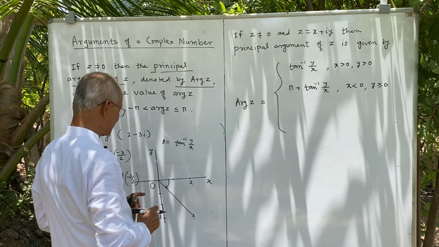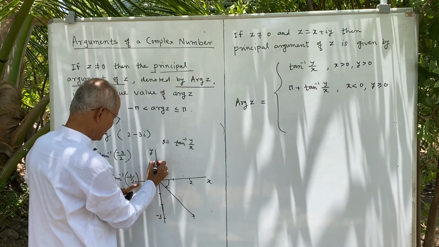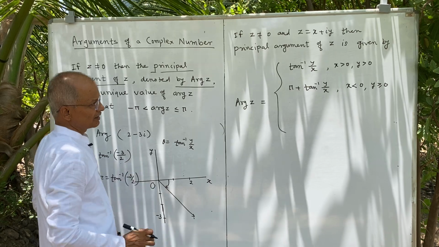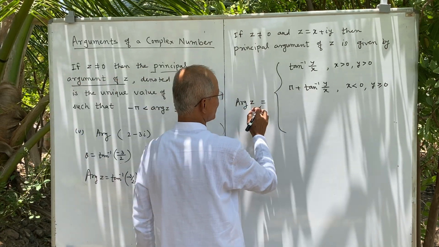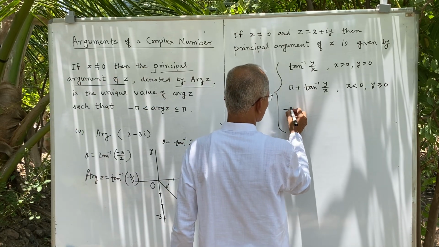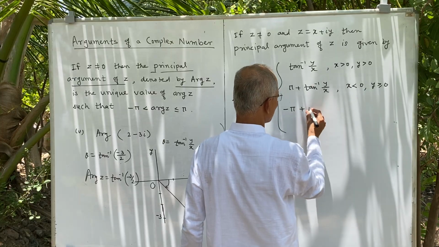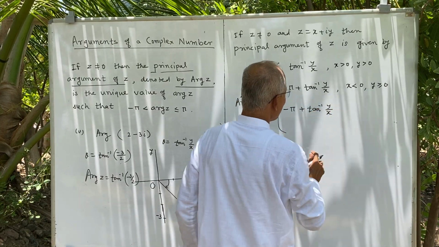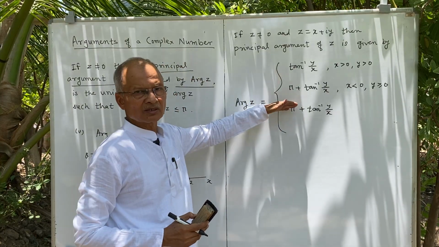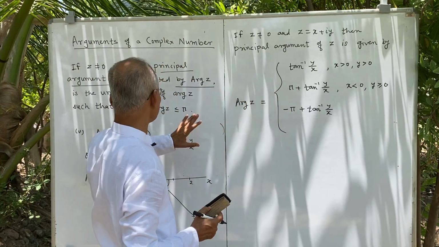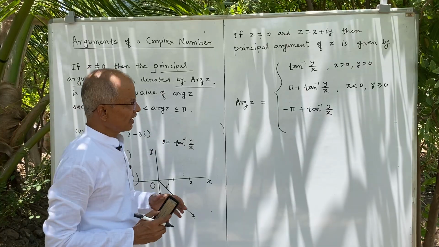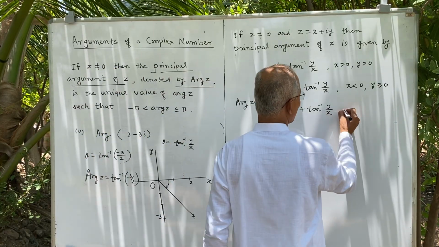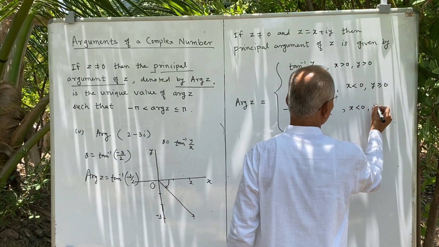This is the expression for argument z. For the third quadrant, in which both are negative, it is minus pi plus tan inverse of y upon x. Why are we considering this? Because the angle should lie between minus pi and plus pi.